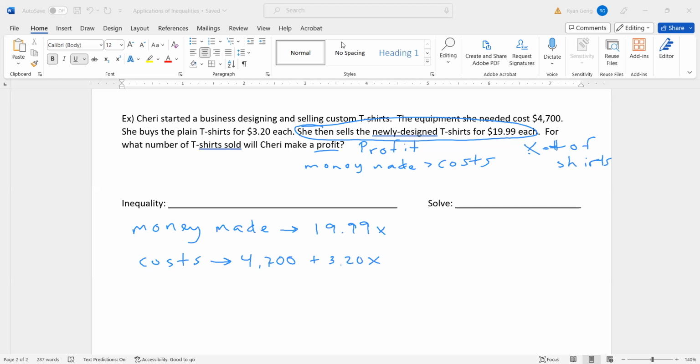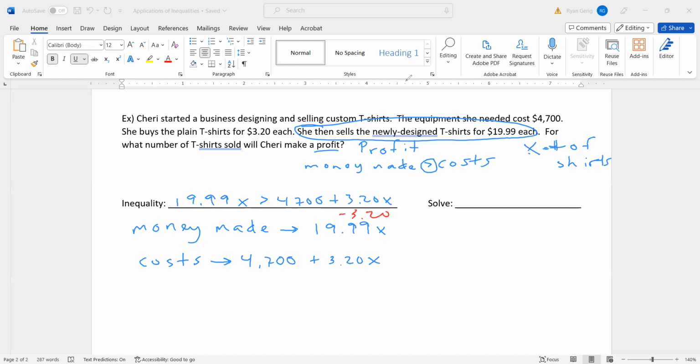All right, so $19.99 X is greater than, I don't have to think about it because I already talked about it here. It's greater than the costs, 4,700 plus 3.20 X. Now we solve, I'm going to switch colors so you can see a little better.